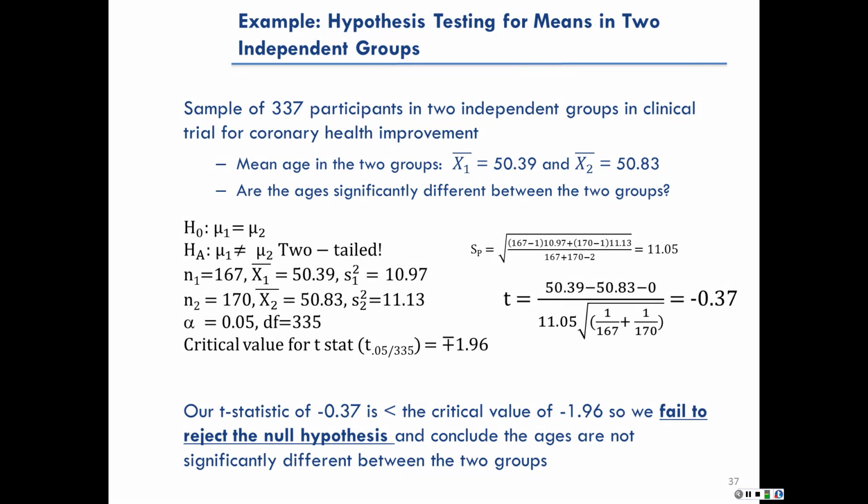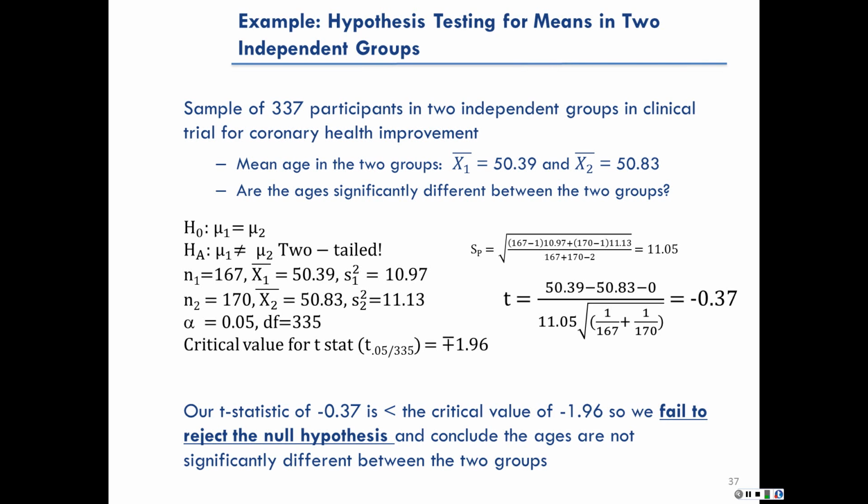So the next step is to compute the pooled standard deviation. And I've shown the statistics there. We plugged in the sample sizes of 167 minus 1 multiplied by the variance of 10.97.